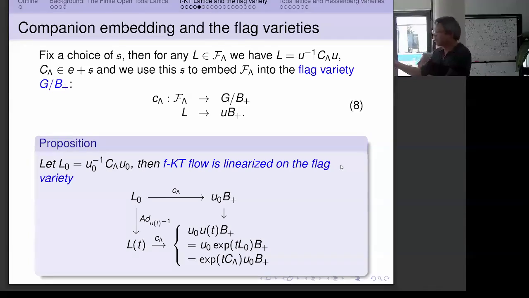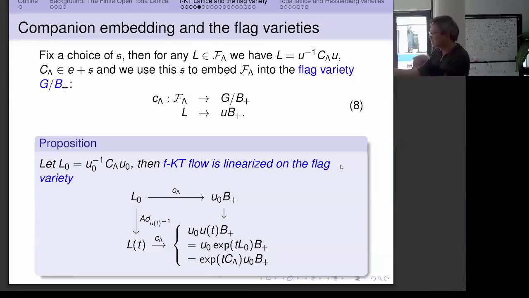Okay. But this U naught, we know that U naught is a factor of this exponential tL naught. And the other factor comes from a B plus. I can just pull this factor out, and then I get an exponential tL naught. That's fine, right? But this exponential tL naught, I know that I can use U naught to get it to the companion matrix C lambda.